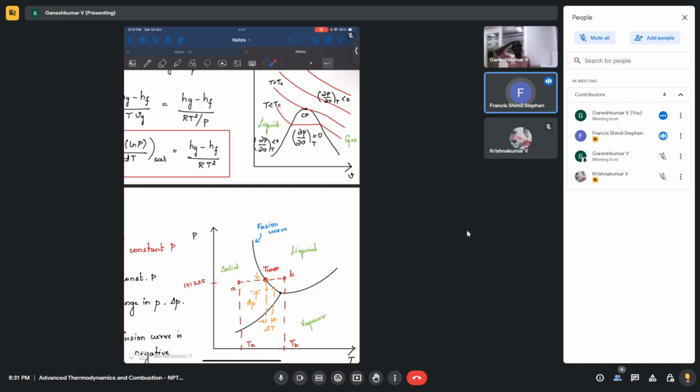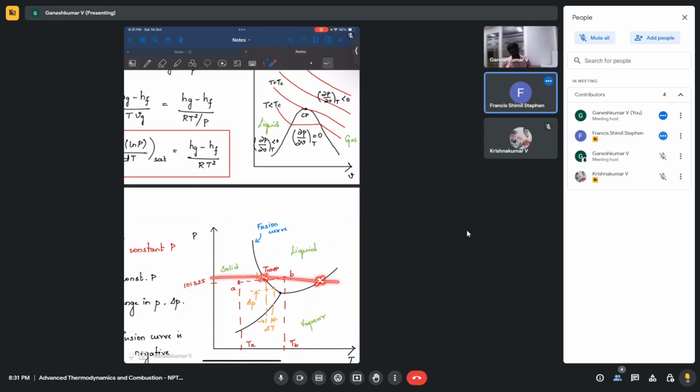So the temperature corresponding to that fusion line, if we intersect it, that cannot be desaturated, isn't it? Which one? The fusion curve. Can you repeat? If you take this line, it also intersects the fusion curve, isn't it? Is that temperature some kind of desaturated or anything?